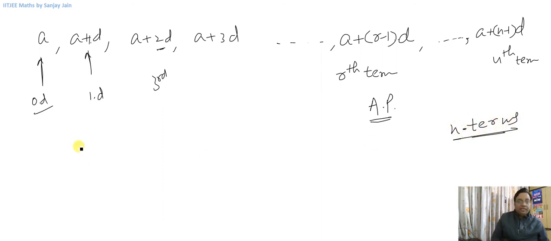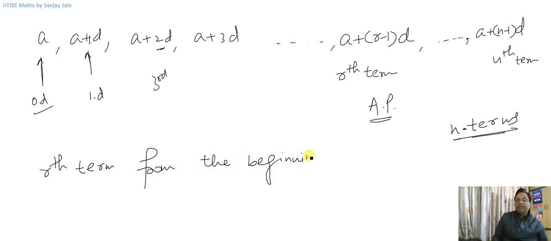So if I ask you what will be the rth term from the beginning, you will say A plus R minus 1 into D. Now you can read this AP like this.